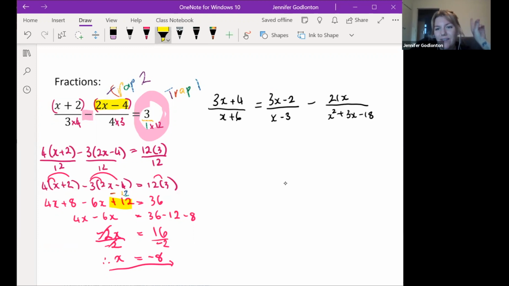My only advice here is start by factorizing and think about the traps over here and don't fall for them again.